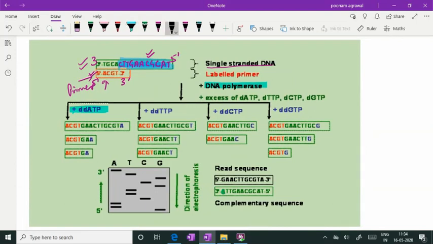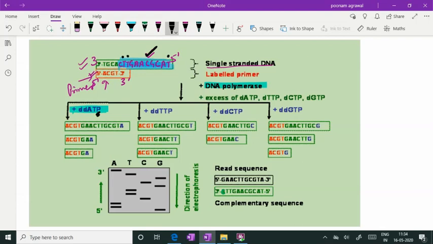Just imagine that this dideoxynucleotide ATP is added at its specific base pair. So ATP, where will it be added? It will be added corresponding to TMP, right? So in this target sequence, you have 1 TMP here, 1 TMP here, and 1 TMP here.